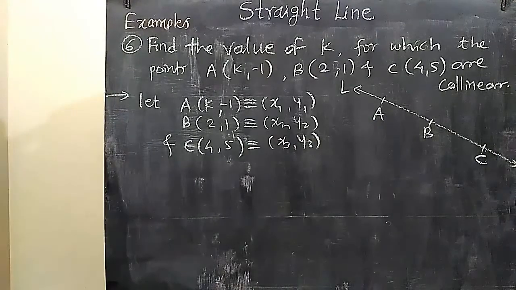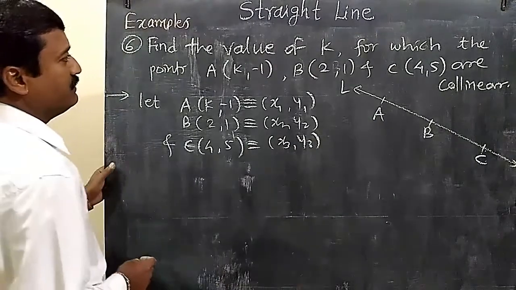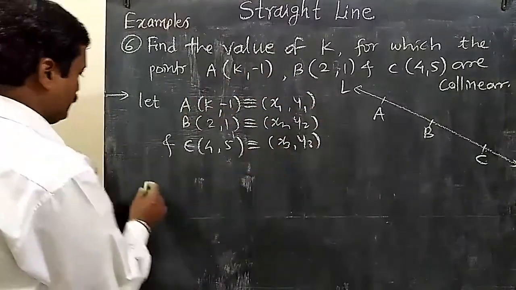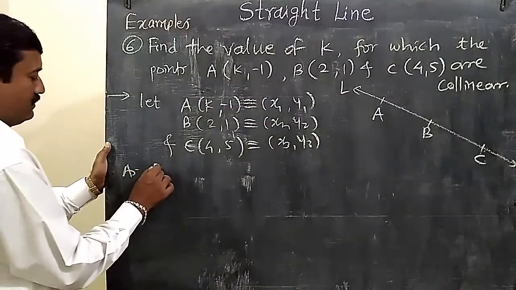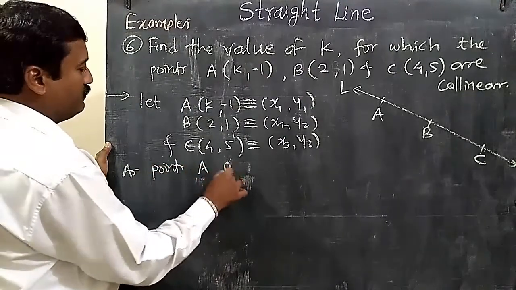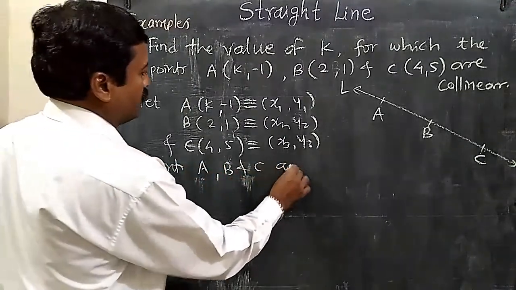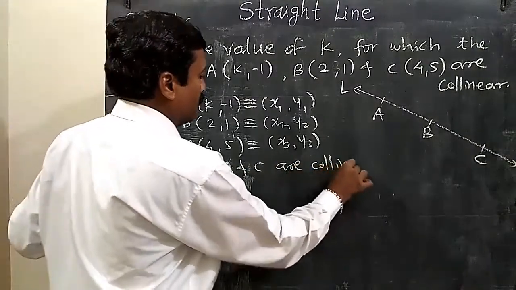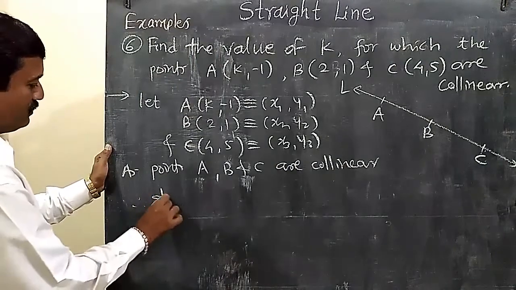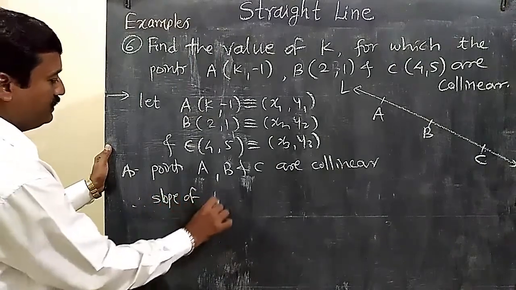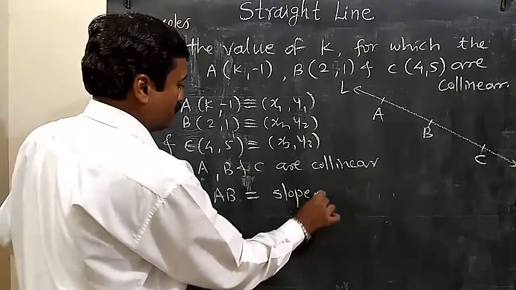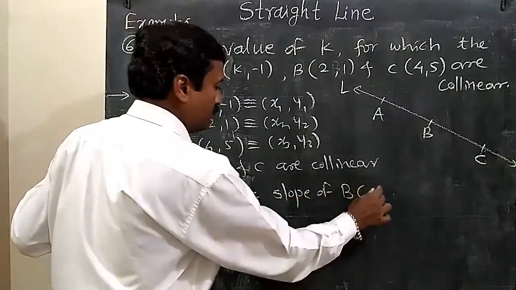So from these 3 points, let us find the slopes of any two segments. As points A, B and C are collinear, therefore slope of AB is equal to slope of BC.